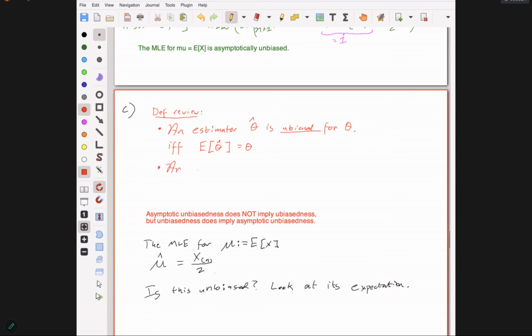An estimator theta hat is asymptotically unbiased for theta if and only if the limit as n approaches infinity of the expectation of theta hat is equal to theta.